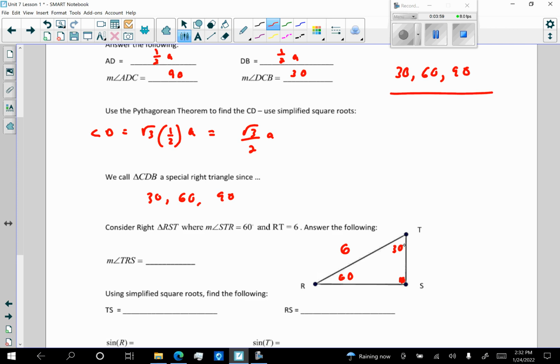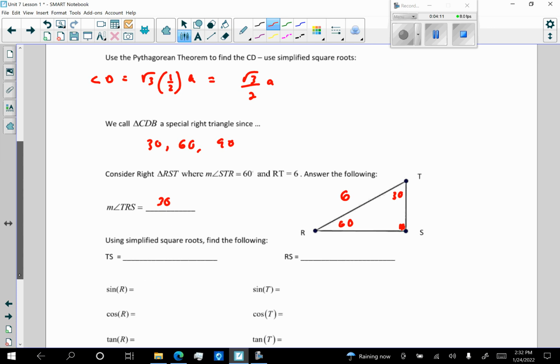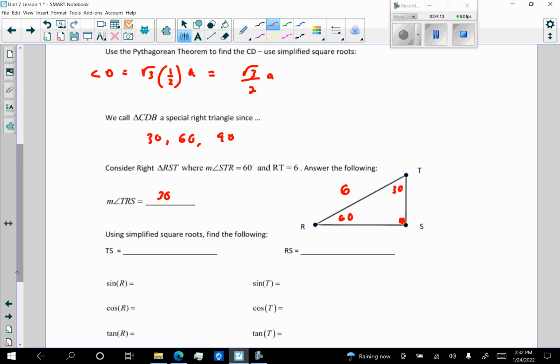Therefore, this angle is 30, so the measure of TRS is 30. And again, we're talking about a 30, 60, 90 right triangle. This is going to present some really nice trigonometric ratios. Hence, the reason this example is in Unit 7, Lesson 1.